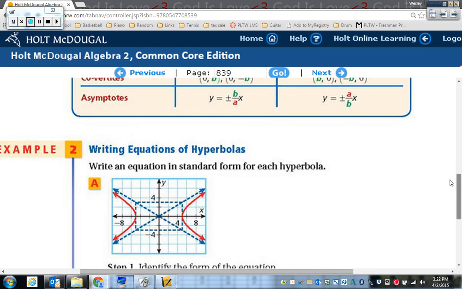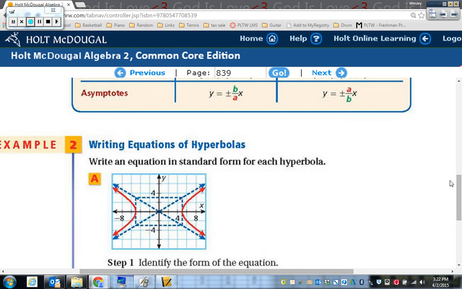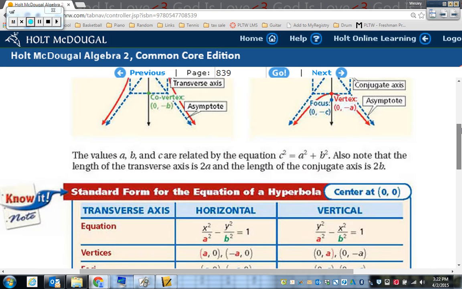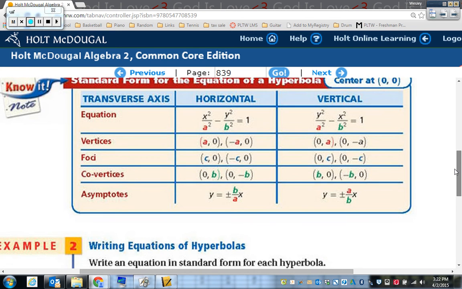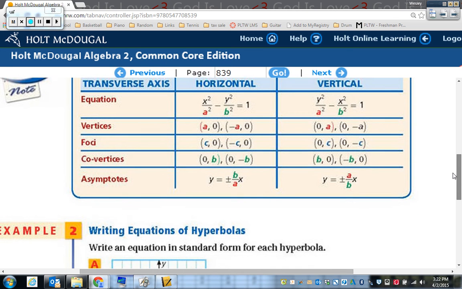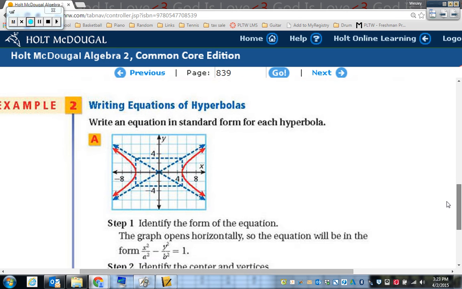So let's look at a question. It says, write an equation in standard form for each hyperbola. Well, I'm looking at this and I see, if I go back to my graphs, it's a horizontal one. So horizontal is x squared over a squared minus y squared over b squared equals 1.